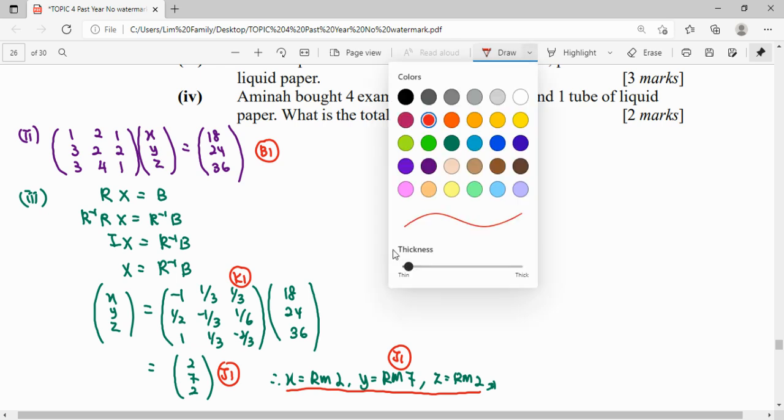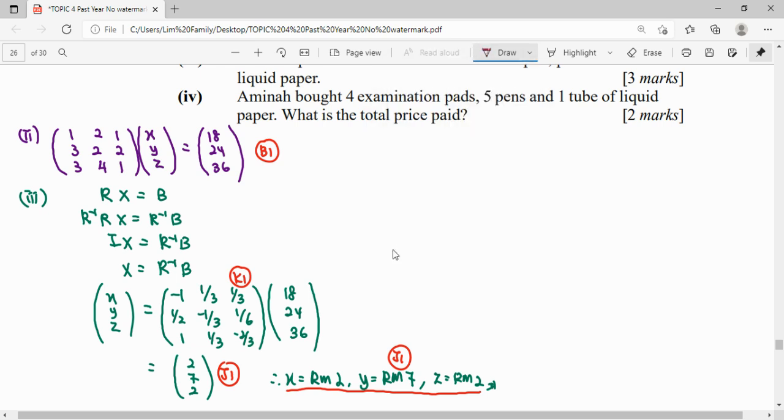After that, we are going to solve question number 4. They said another person here, Aminah, bought 4 examination pads, 5 pens, and 1 tube of liquid paper. So how much would she need to pay in total? The price she needs to pay will be 4 times 2, because the examination pad is 2 ringgit, the pen is 7 ringgit, and the liquid paper is 2 ringgit.